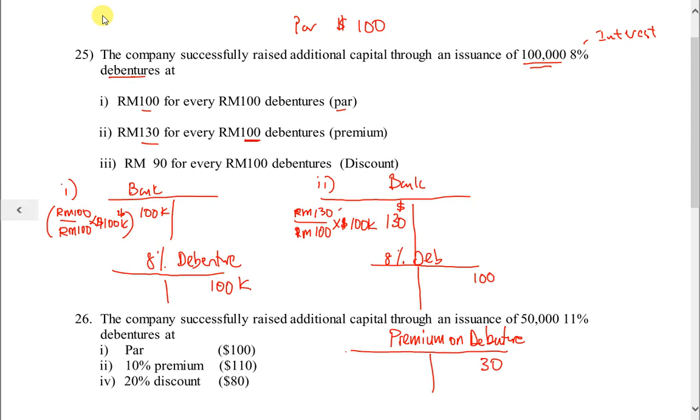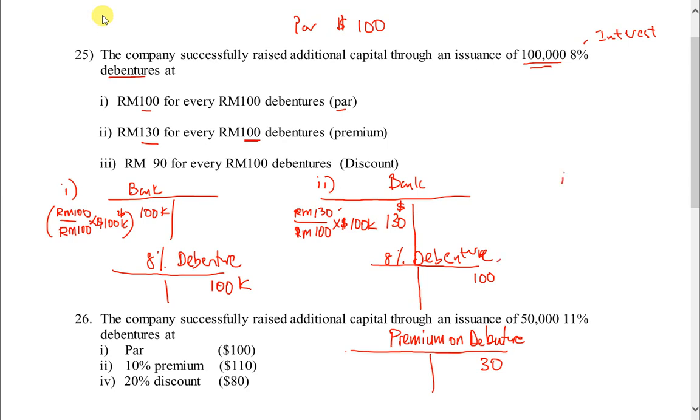You receive more: you borrow $100 but you receive 130, and the balance goes to premium on debenture. Debenture is always at par.